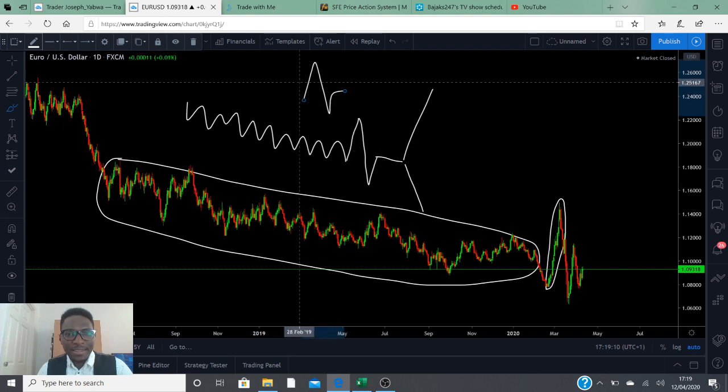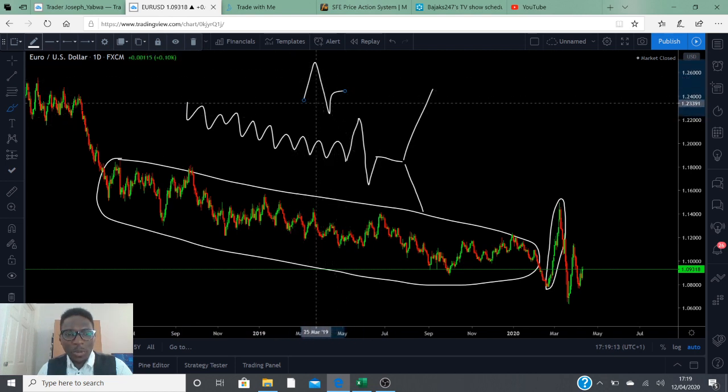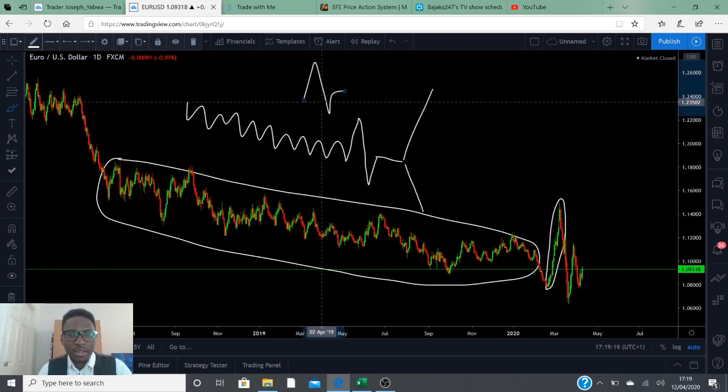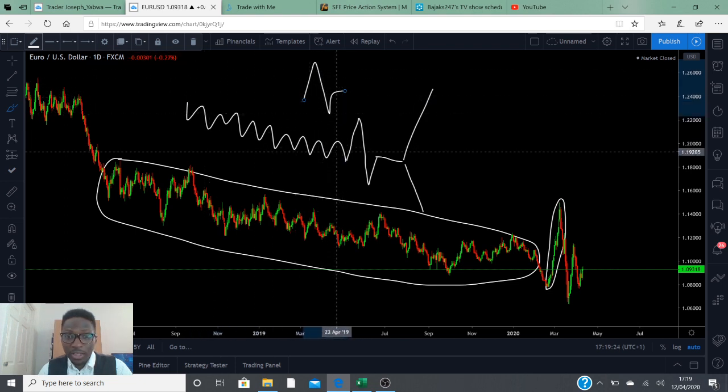If you take this, copy it, and paste it into every single contraction that you see in the market, you're going to see a very similar movement, because this is the kind of movement the market makes once it comes out of a contraction phase and goes into an expansion phase.